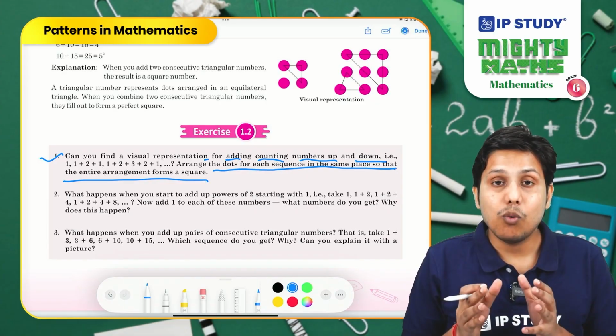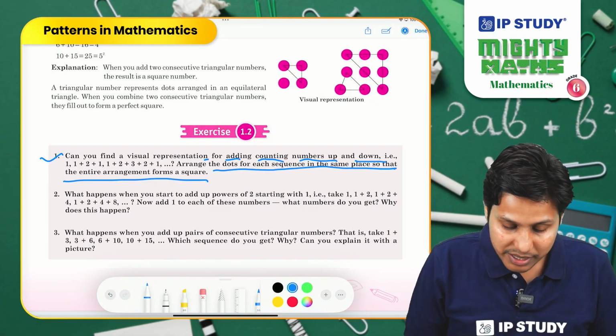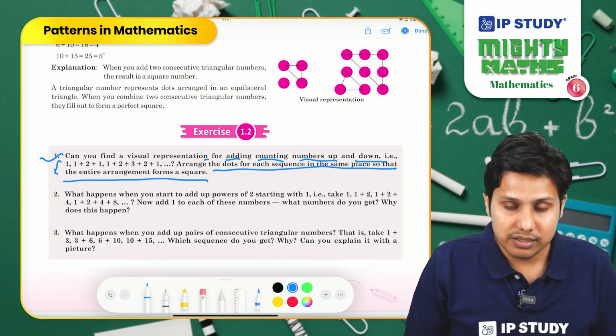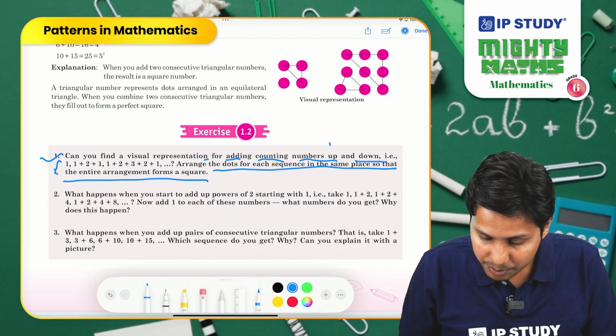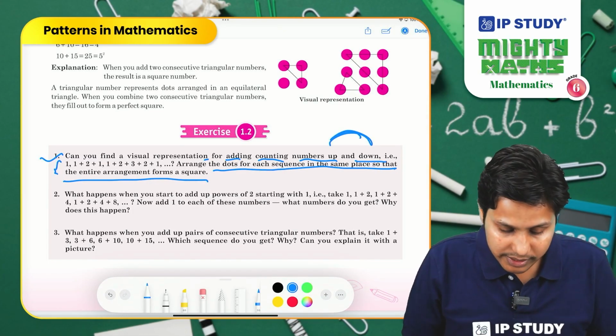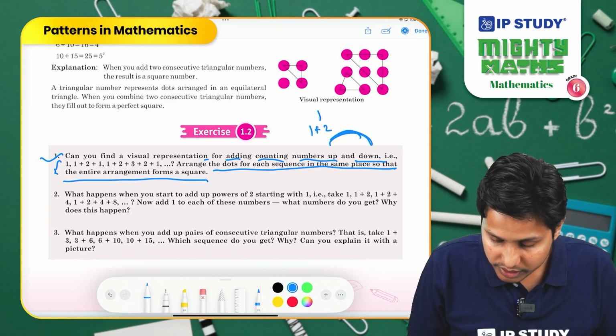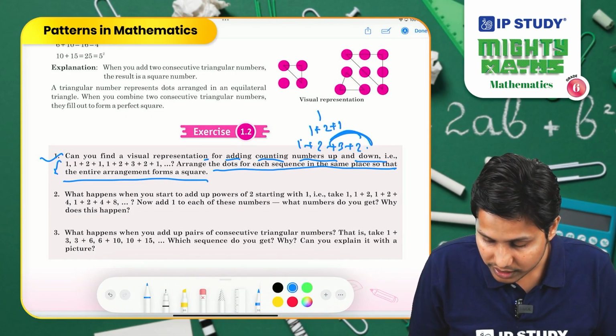So they ask us to represent these counting numbers which are added together from the starting and up to, in the form of up and down like this, which is 1, 1 plus 2, then plus 1 again, then 1 plus 2 plus 3, plus 2 plus 1 again.